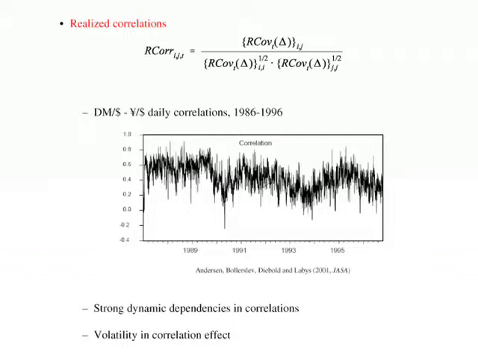This is a sample plot of daily Deutschmark, yen realized correlations. And you can see the clear temporal dependencies in those realized correlations. So you can start thinking about building models for the realized correlations. Just like you can build models for the realized variances, the realized volatilities, you can now model and forecast realized correlations.